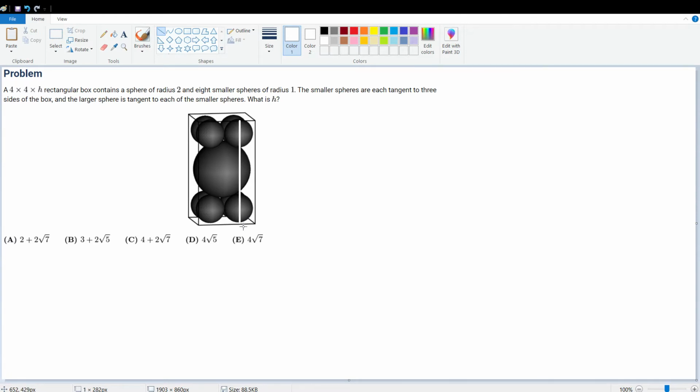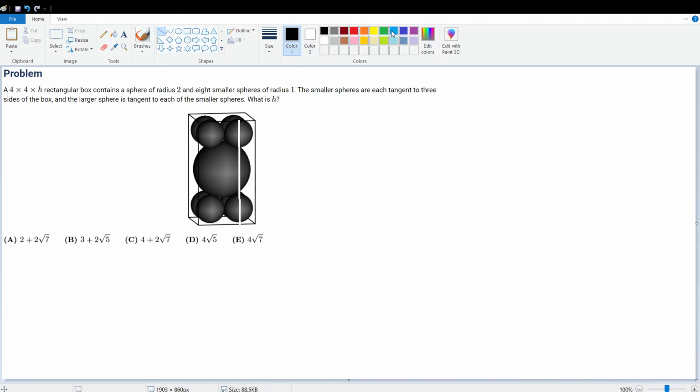So we can also think of it as the distance from the top of one of the smaller spheres to the bottom of one of the lower spheres. So this can also be described as h.